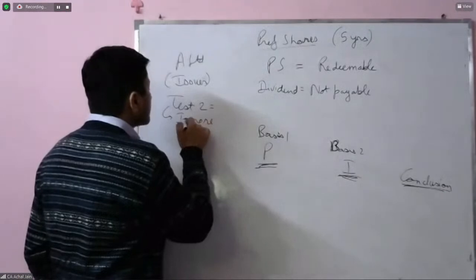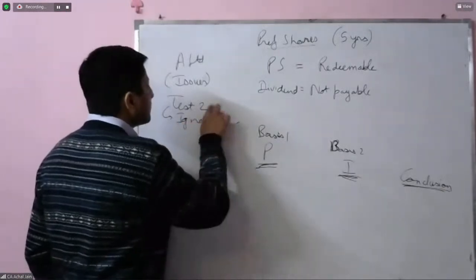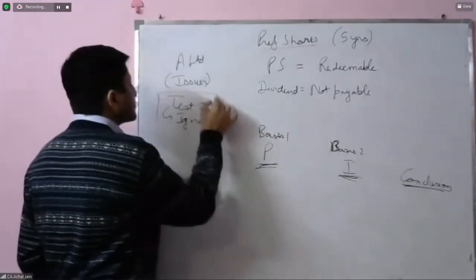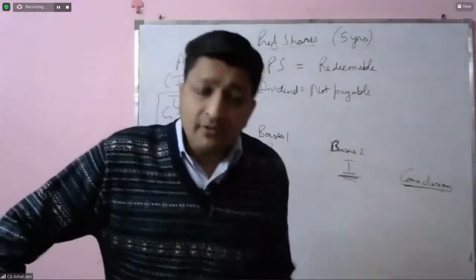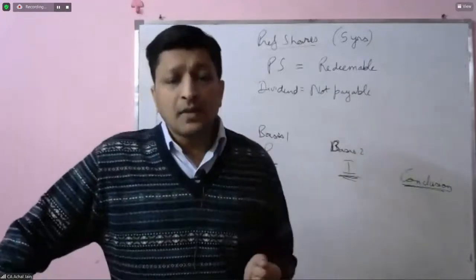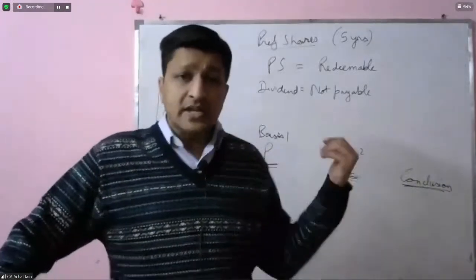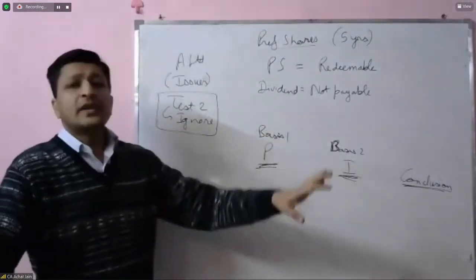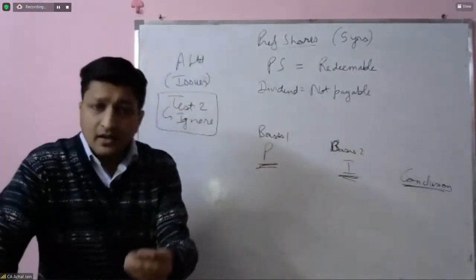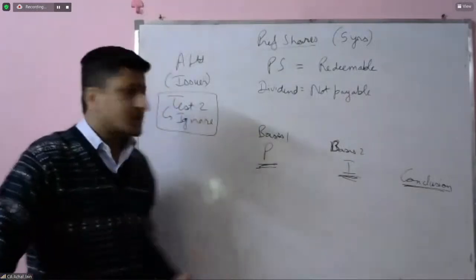One question that should immediately come to your mind is that, sir, in the last question we discussed one instrument which you called equity, but therein you didn't test this test number 2. I agree, because we are assuming that wherever the conversion will happen, it will be fixed for fixed.